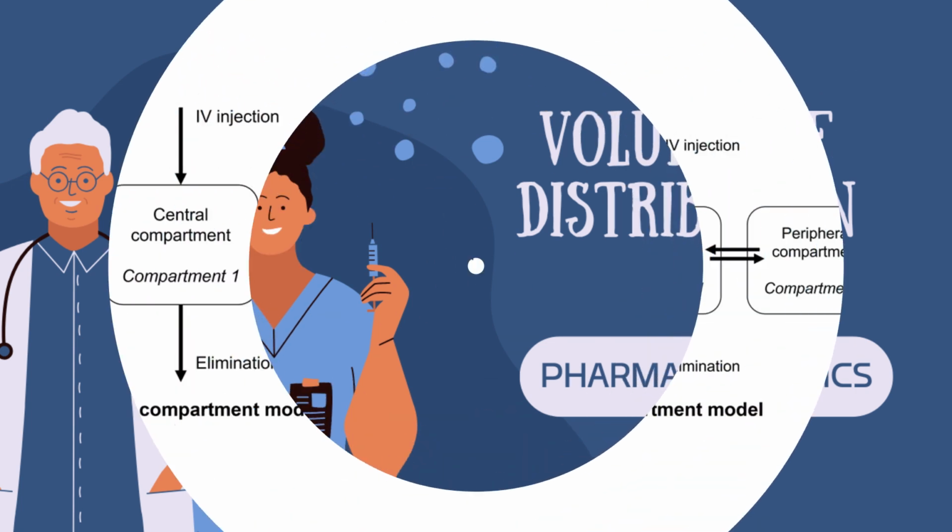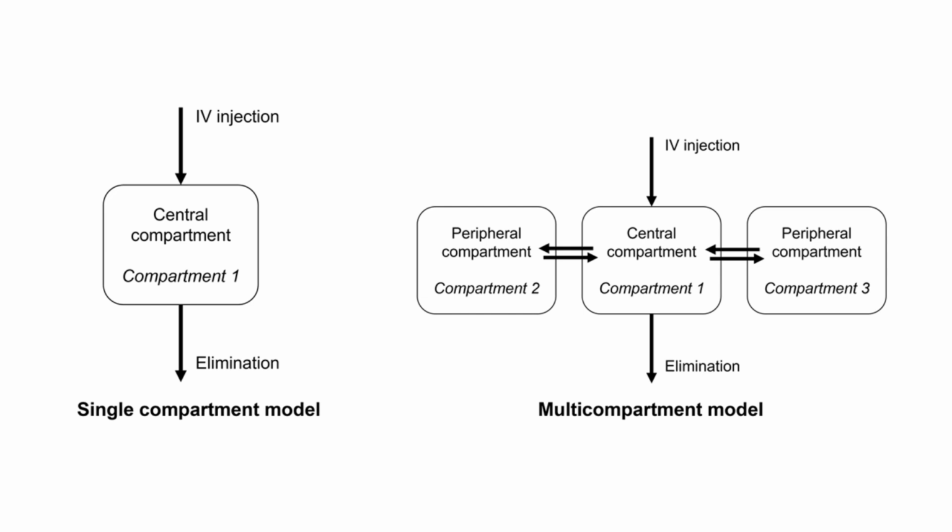Let's get started. In pharmacokinetics, we think of the different tissue types as compartments that a drug can move between. In our earlier videos, we have focused on a one-compartment model for distribution, where a drug is injected IV and the plasma concentration increases accordingly with resultant therapeutic effects.